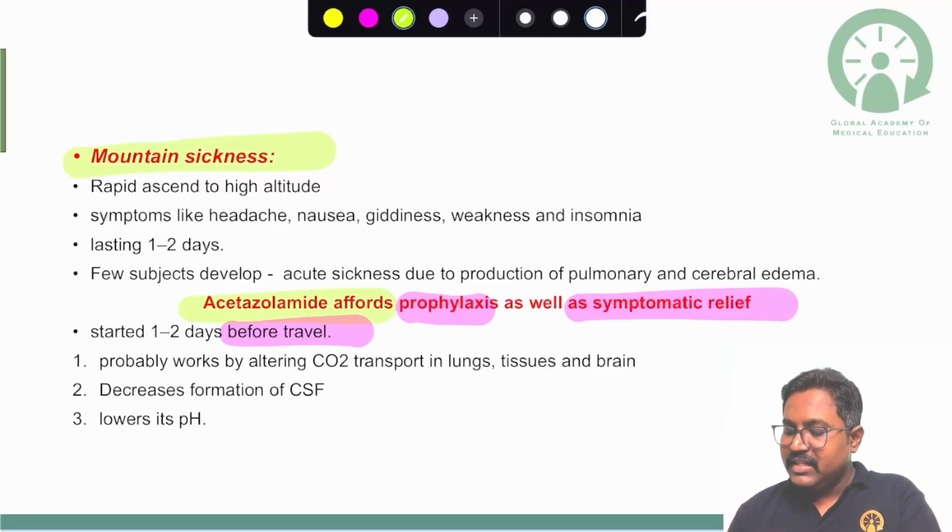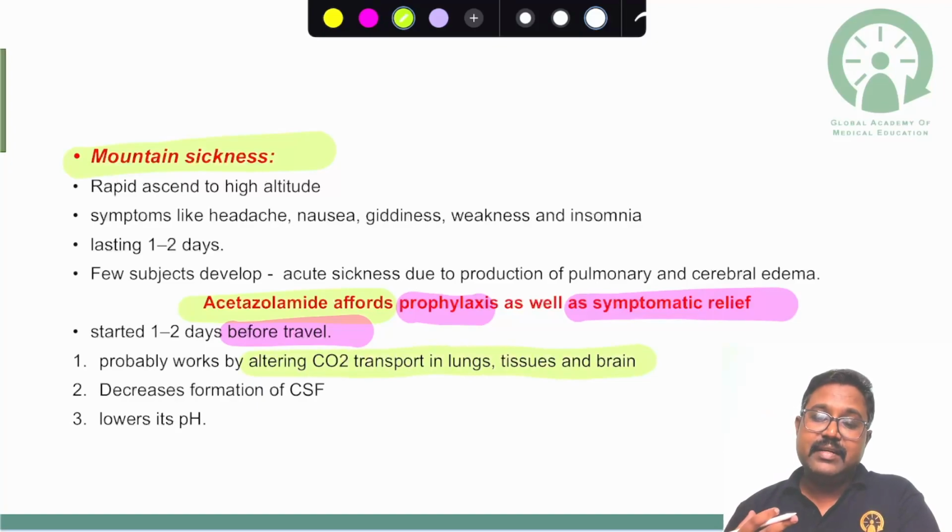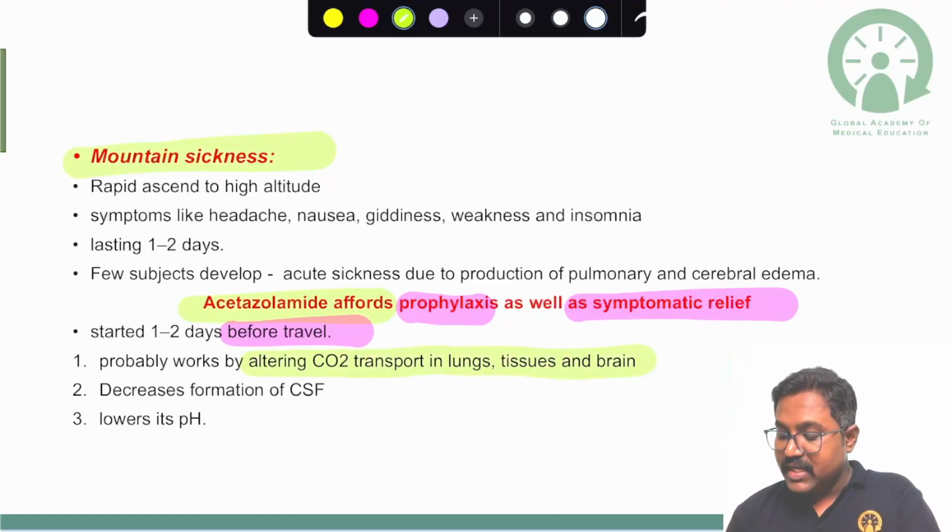So the probable mechanism of action is that it works by altering the carbon dioxide transport in the lung tissue as well as the brain, as well as it decreases the formation of the CSF, as well as it will lower the pH also.